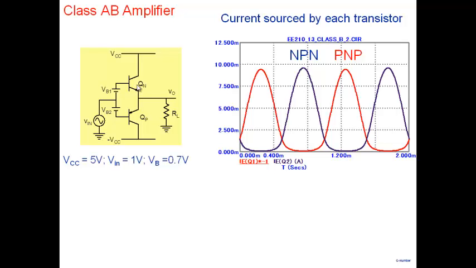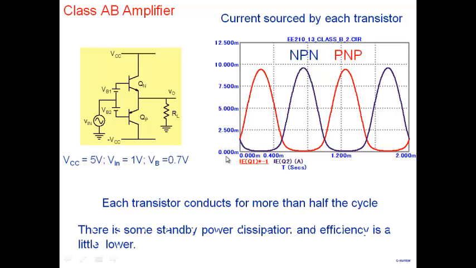Which means that it conducts for a little bit of the negative cycle also, before you turn this off and then you turn it on here. So it conducts for more than half the cycle, and we call it a class AB amplifier. And so this amplifier makes more sense than the previous amplifier, where we didn't have these batteries and there was significant crossover distortion.